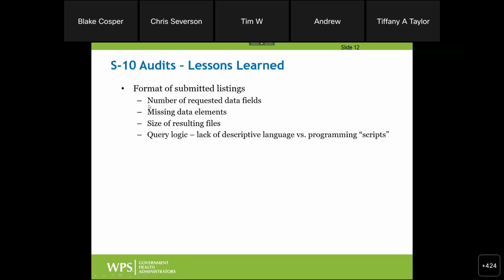So back to the current S-10 audits that we're performing, the format of the submitted listings. Those templates have been standardized, and we have a certain number of data fields that are required. So part of our audit is going through to see if there are missing data elements that would really be needed to perform a proper review. That might be one of the missing items we request.